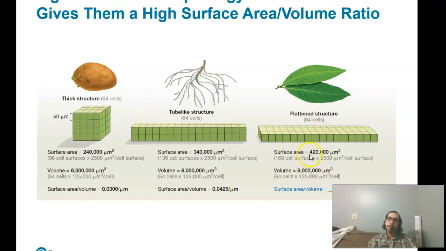So out of all three, the leaves have the highest surface area to volume ratio. And the surface area to volume ratio is important because it affects the physiology of organisms. So leaves need that high surface area to volume ratio in order to absorb the sunlight and also to metabolize energy.